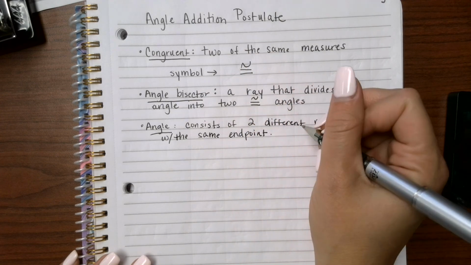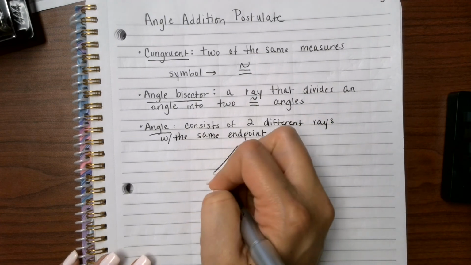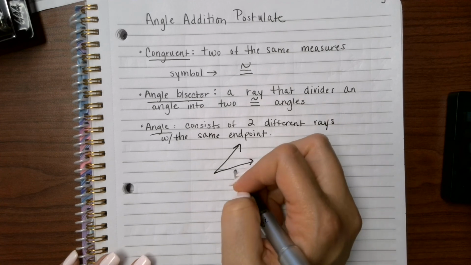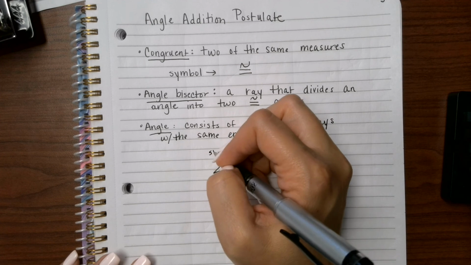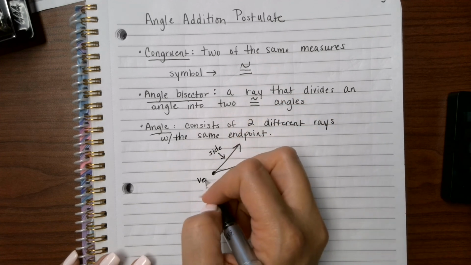The rays are the sides, the endpoint is the vertex. So if we look, this is an angle. These are the sides. That's a ray, and that's a ray. This right here, the endpoint, is called the vertex.